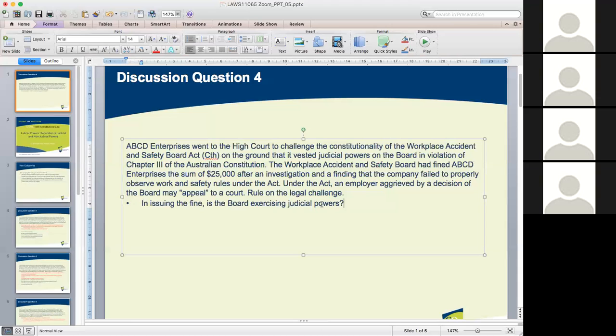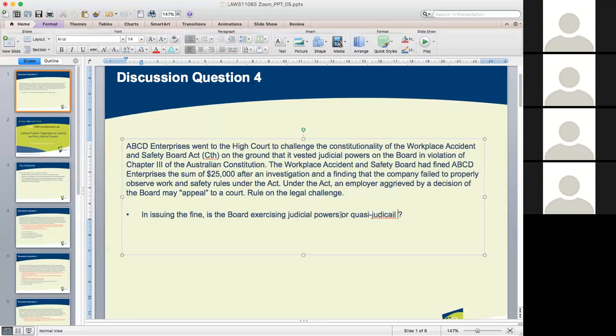But at a broader level, what are the other powers that are being exercised by this board? At a broader level, instead of focusing on an aspect of the quasi-judicial powers, what should the question be? Would it be quasi-judicial powers? Well, it'd be the similar thing in issuing the fine. Is the board exercising quasi-judicial powers? Okay.